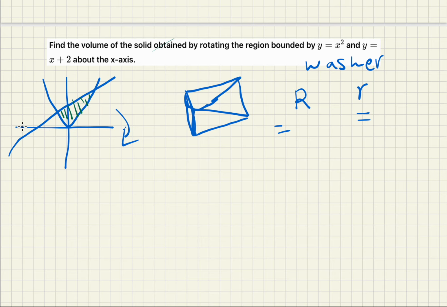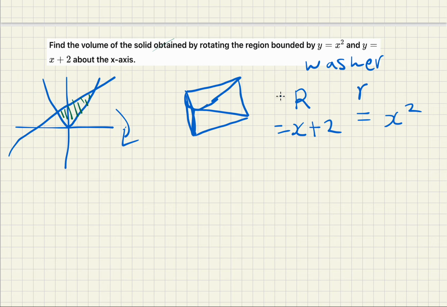In this case, you're revolving around the x-axis, and the equation y equals x plus 2 is furthest from that. So we can say the outer radius is x plus 2, and the inner radius, which is the equation closer to the axis, is x squared.